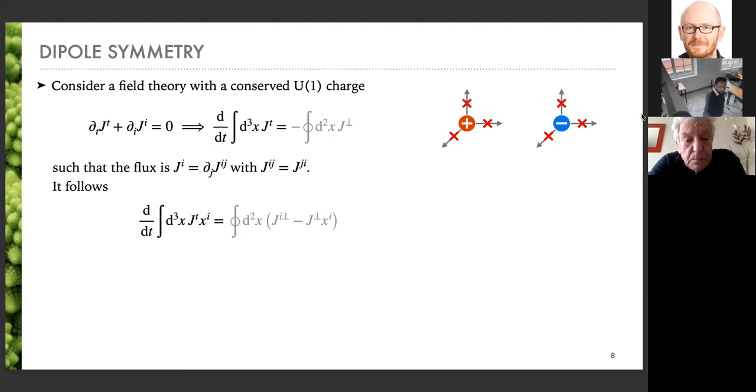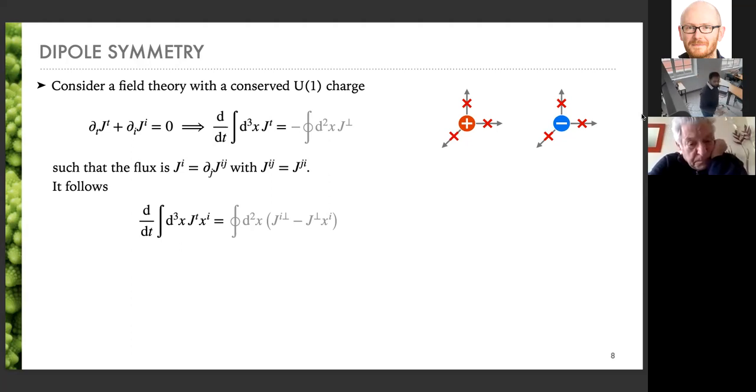It just follows because if you put this here, then the entire antisymmetric part of J_ij drops out, so it doesn't really matter. If the only physical observable that I have control over is J_i, then there's a redundancy in the definition of J_ij. So I define it so that it's symmetric.